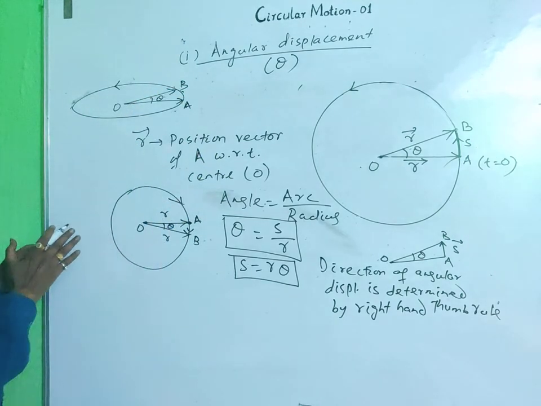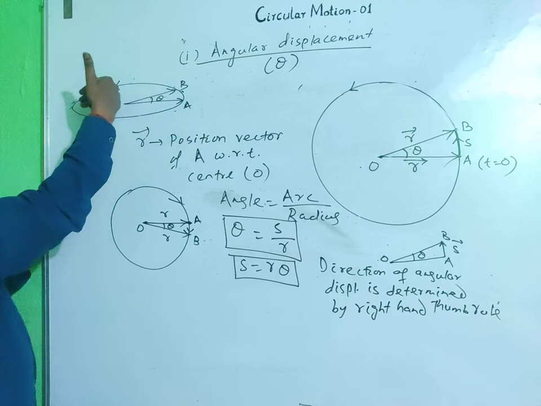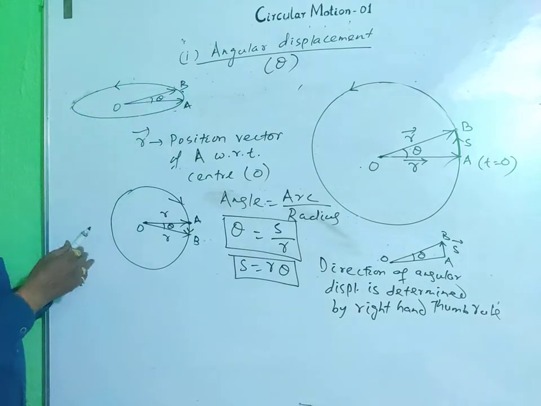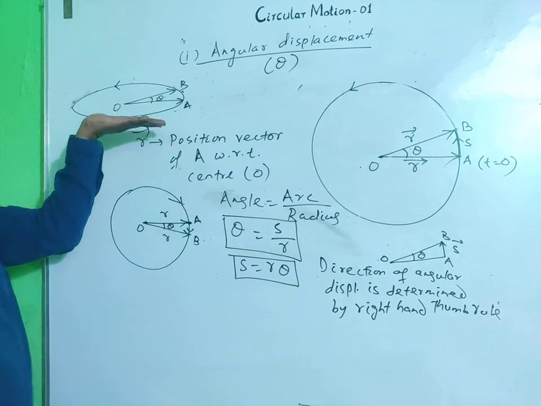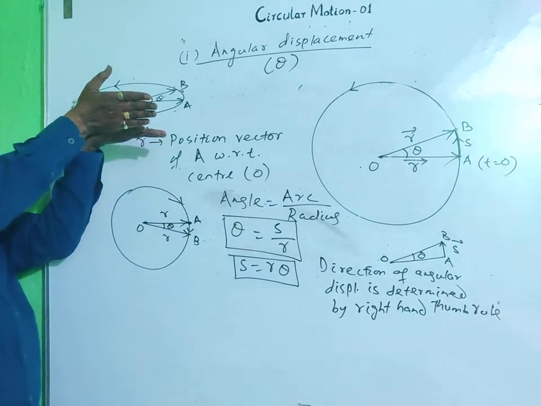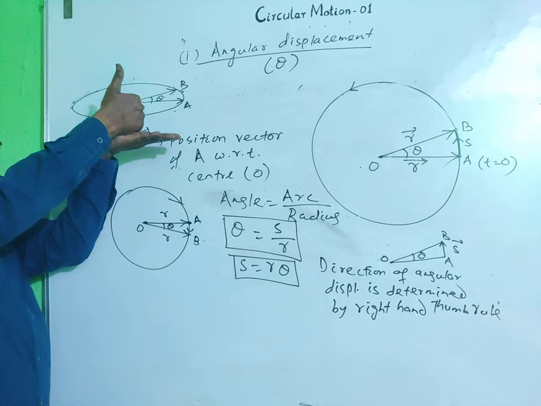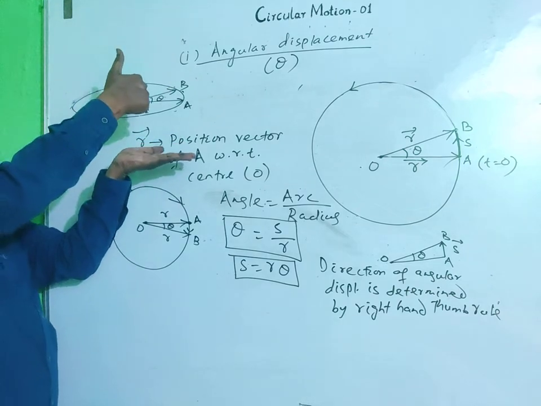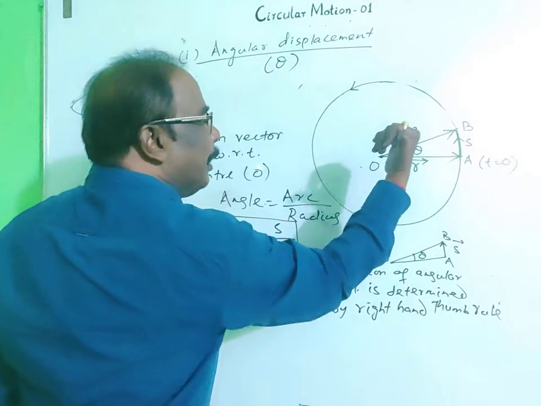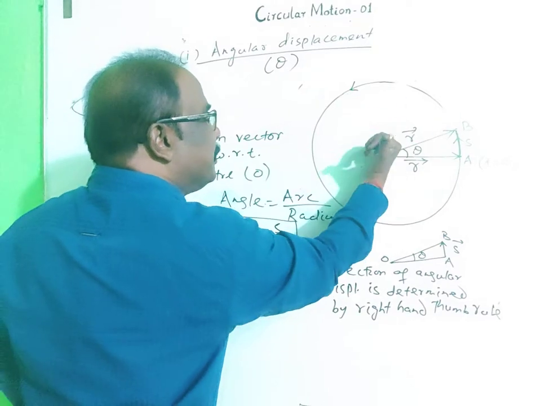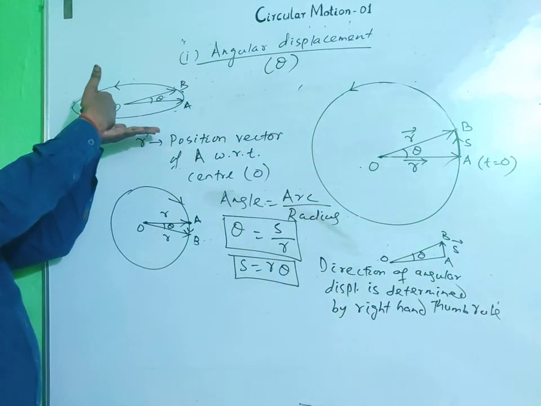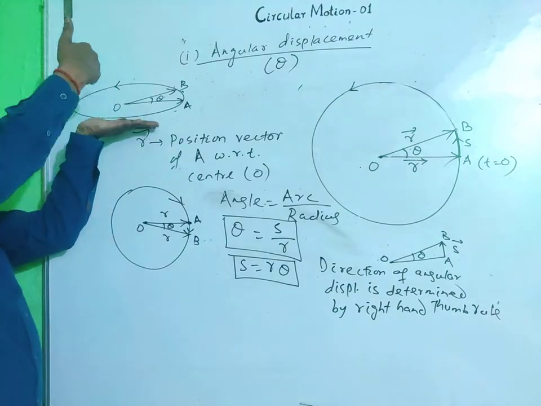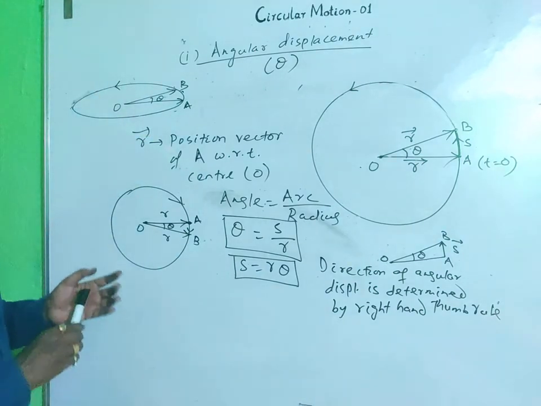Then what is direction of theta? Curl your fingers in anticlockwise order on this plane. From A to B, curl your fingers in anticlockwise order, then direction is upward. Here direction is outward on this plane, means perpendicular to this plane, and here also angular displacement is perpendicular to plane of this circle, means in upward direction.